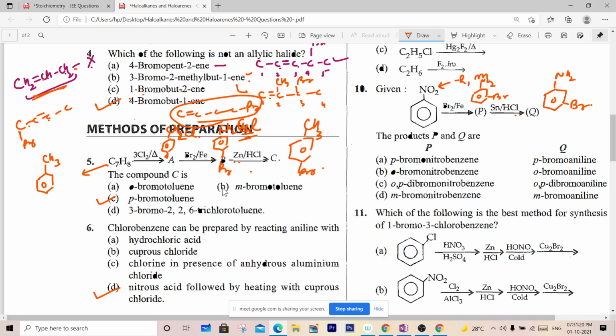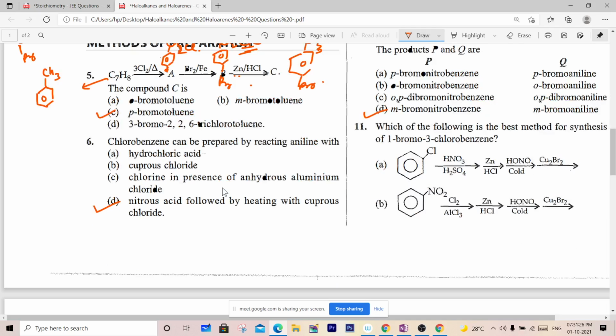It means that should be D option. 11th question. Best synthesis for, okay, it is showing only two options. Out of 1 and 2, I want to prepare 1 bromo, 3 chloro.